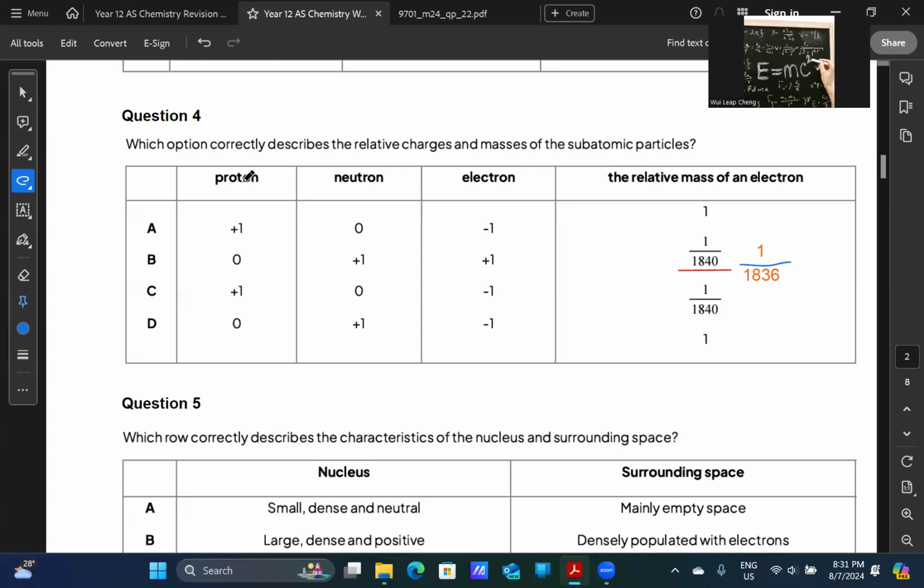Proton carries 1 unit of charge, and the type of charge carried by proton is +1. Neutron is neutral, so must be 0. Electron carries 1 unit of negative charge. And the relative mass of one electron is 1 out of 1,840. So the correct combination to this question is C.